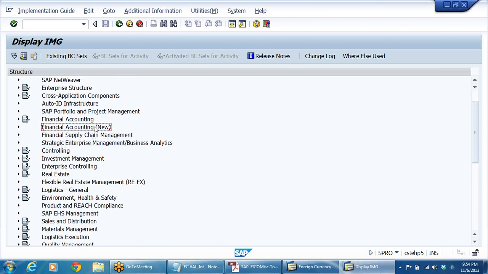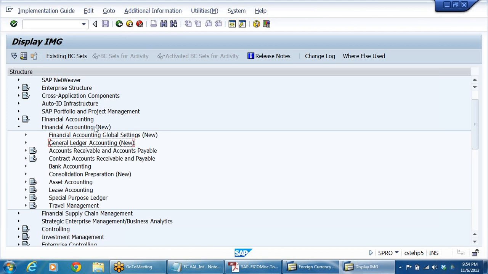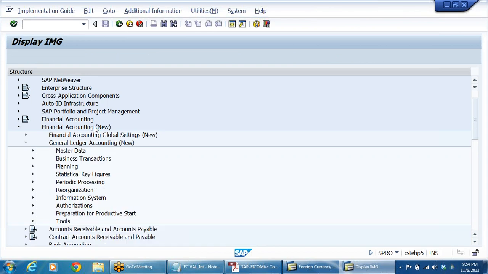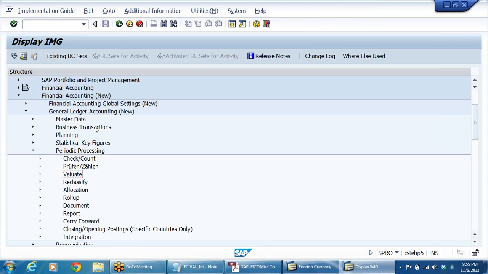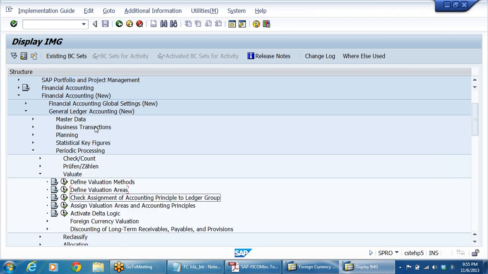Here, Financial Accounting New, General Ledger Accounting, Periodic Processing, Valuate, Define Valuation Methods.